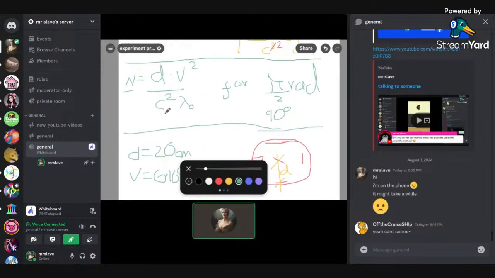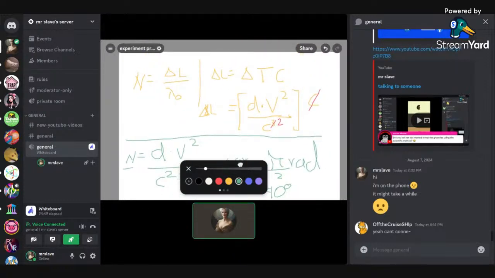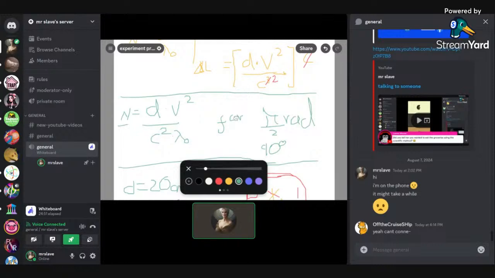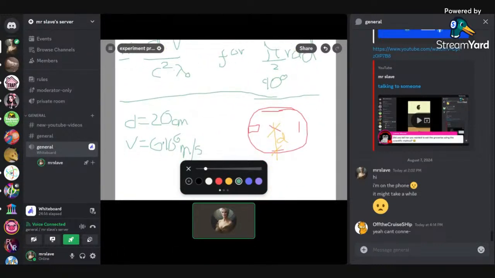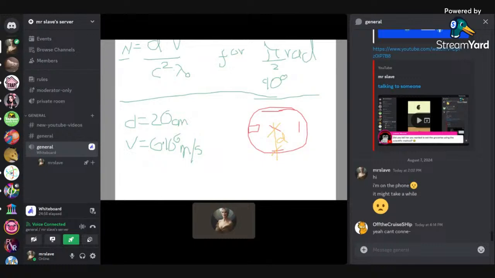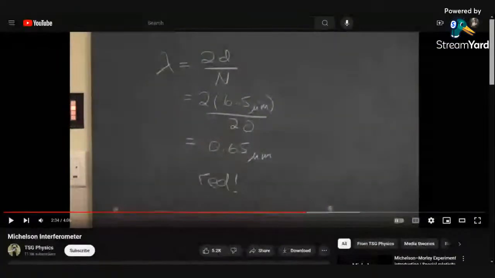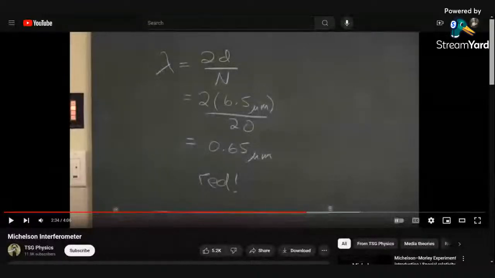That's V. C squared, we know. Let's write it down. And lambda, we know. Lambda was like 0.65 or something. Where is that? Of course. Lambda is 0.65 nanometers. Nanometers? No, that's micrometers. So it's 0.65 micrometers.